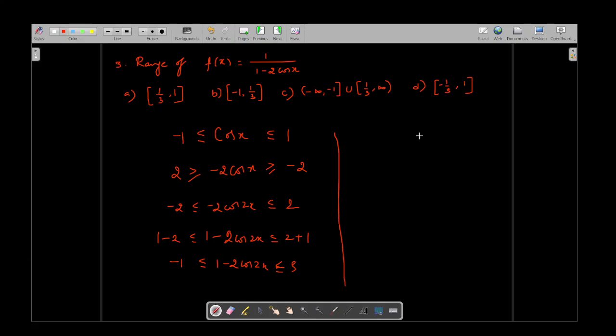So I want the reciprocal of it. I'll take the reciprocal, 1 by 1 minus 2 cos 2x. Whenever I take the reciprocal, I have to change the inequality signs.